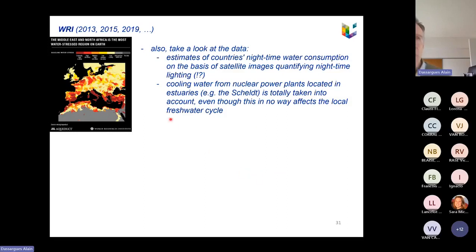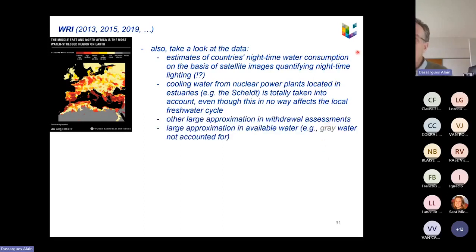And of course, the amount of water is huge. So if you introduce that cooling water from the nuclear plant in the consumed water, it is changing a lot of things for our indicator. And that's explaining why Belgium was so water stressed according to that organization. And I'm stopping with that.